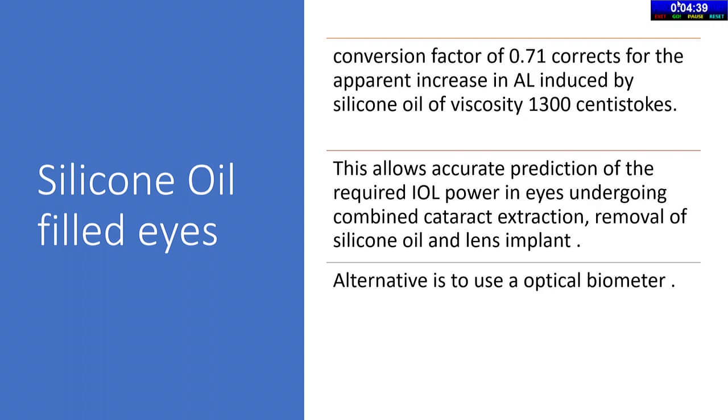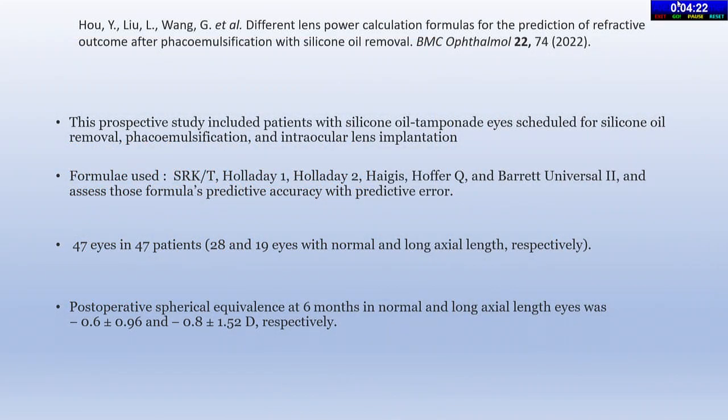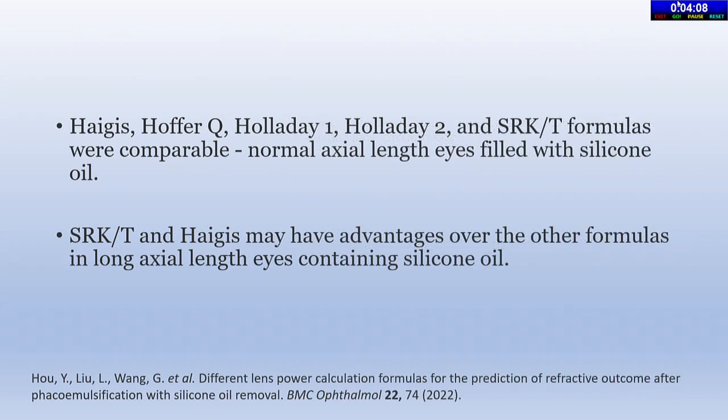This was a prospective study calculating the refractive outcomes in patients with cataract and silicone oil removal, which noted that Haigis, Hoffer Q, Holladay 1 and 2 formulas were comparable in patients having normal axial length eyes, but SRK/T and Haigis had an advantage over other formulas in longer axial length eyes containing silicone oil.